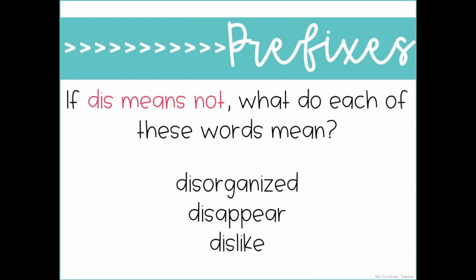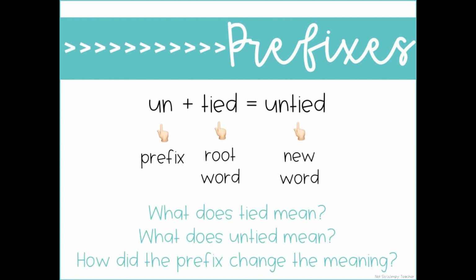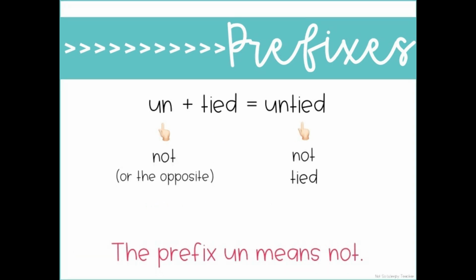It completely changes like, which means you want something or desire it, and then to dislike something you do not like. And the prefix un, when added to a word, it also means not. So not tied, or untied, means not tied.